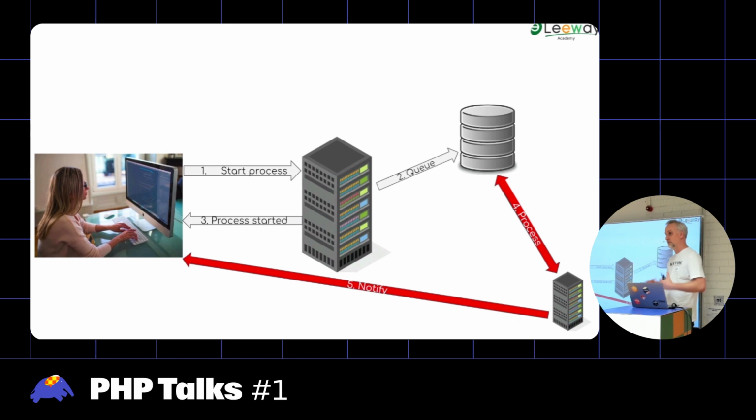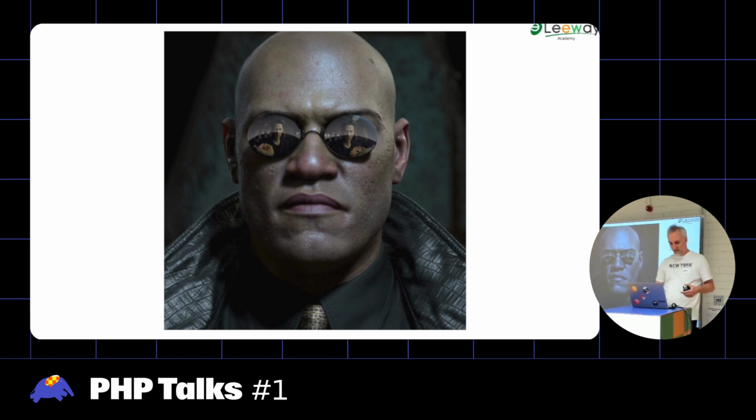Okay, that's kind of the gist of it. And that way, we can keep the user happy, and also we can keep the server happy, if such a thing is possible. All right, so let's go see what's behind the magic.